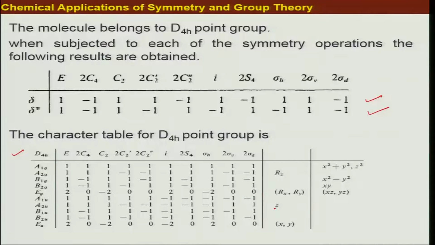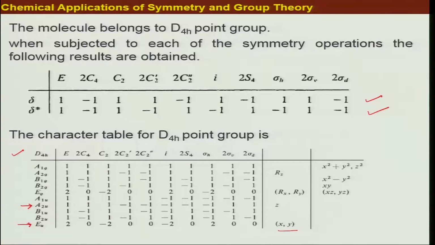You can see that z forms the basis for A2u, so z transforms as A2u, and x and y transform together as the irreducible representation Eu. All right.